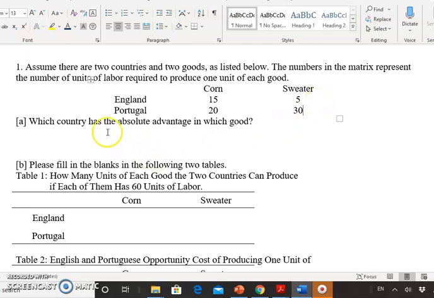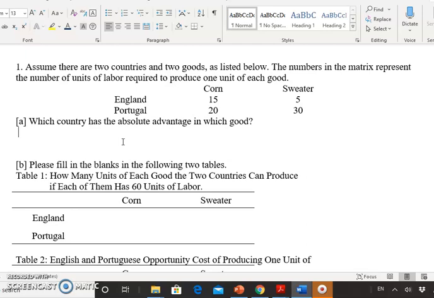In other words, if we put them together, England has absolute advantage in both corn and sweater production. So it's pretty much like the second example I gave you in the previous video. Oftentimes people get confused: if one country has an absolute advantage in both goods, should they still trade with each other?